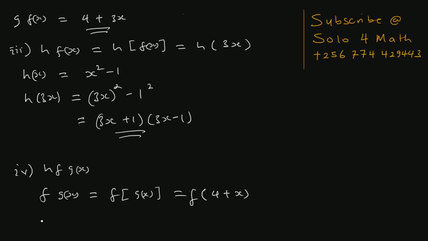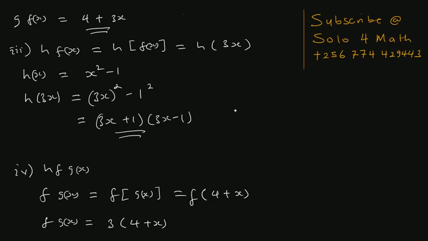And we got our f of g(x) as a function of x, I mean f(x), which is 3 into x, but our x now is occupied by this. So this is our f of g(x).